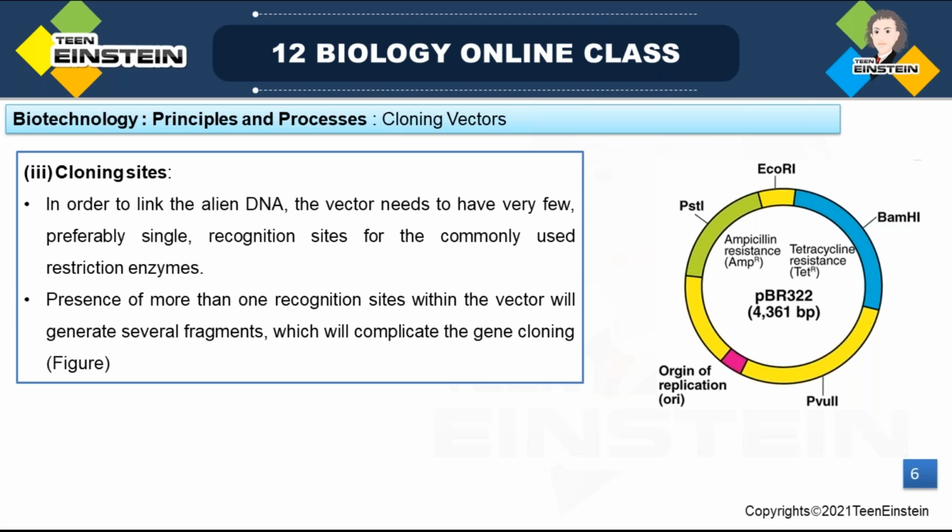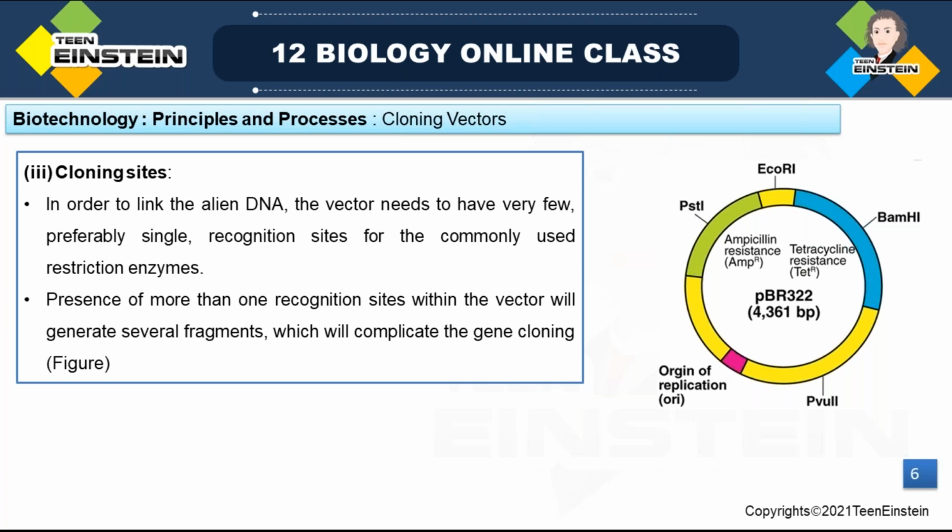The restriction enzyme recognizes the recognition site. See, this restriction enzyme can recognize the site where it wants to make the cut, right? For the insertion of the foreign DNA, it will find out where that needs to get attached. Then we know that it will cut not exactly at the site, a little away, and it will make sticky ends, right?